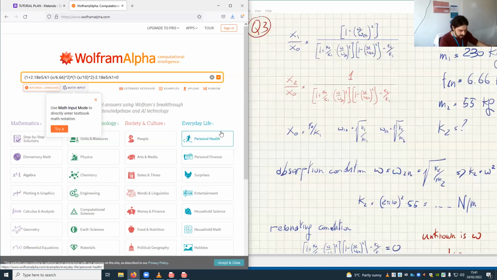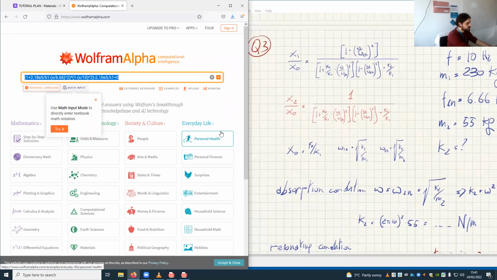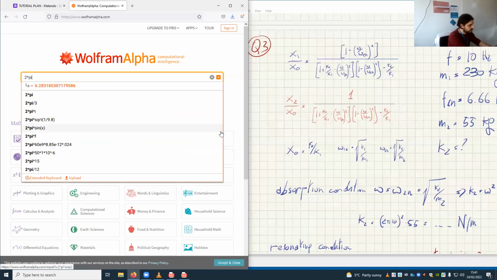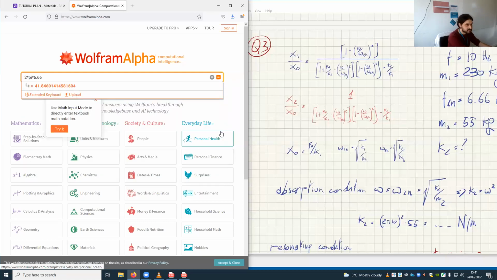And K1 is, how much is K1? Oh, I need to find K1. Yeah, I need to find K1. K1 is 2 pi times omega 1, which was 6.66.